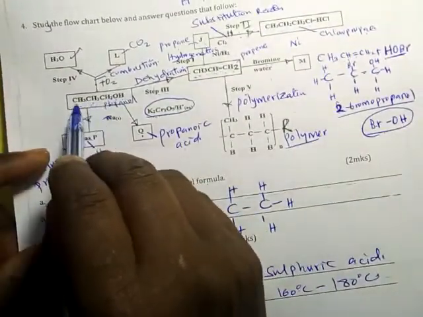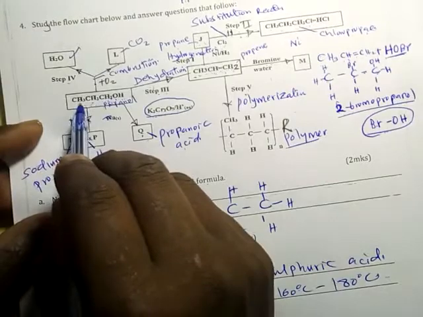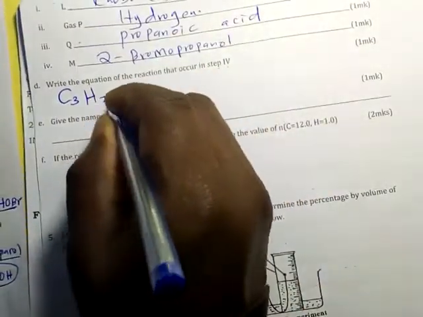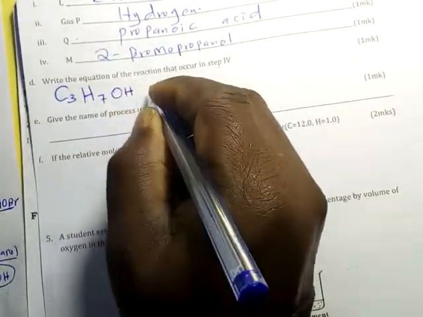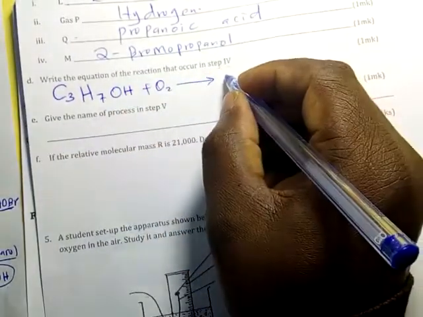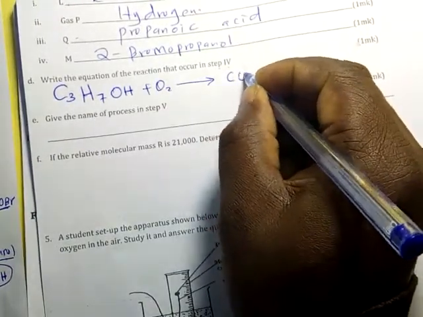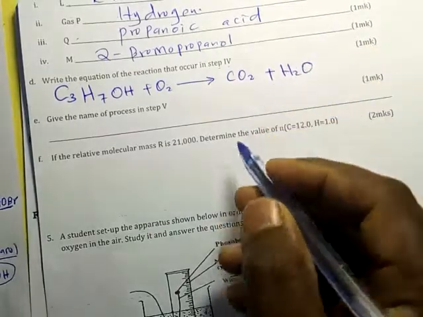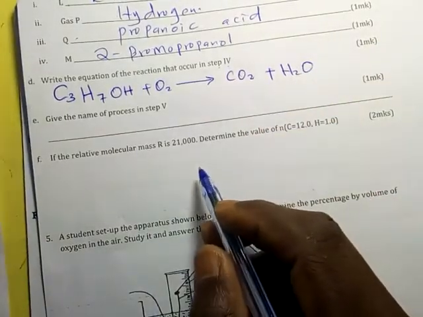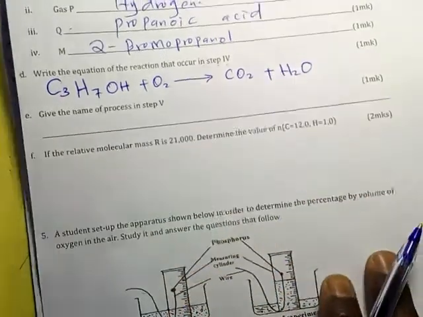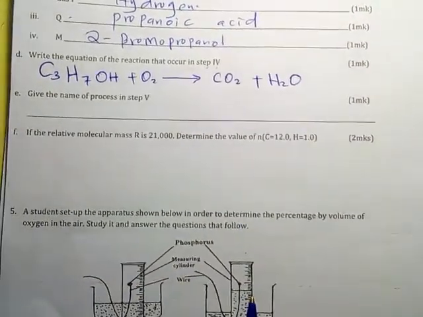You write C3, how many hydrogens? 3, 5, 7. H7 and then OH plus oxygen. They will give you CO2 plus water, because when you burn an organic compound, it will give you two products, which are carbon dioxide and water.